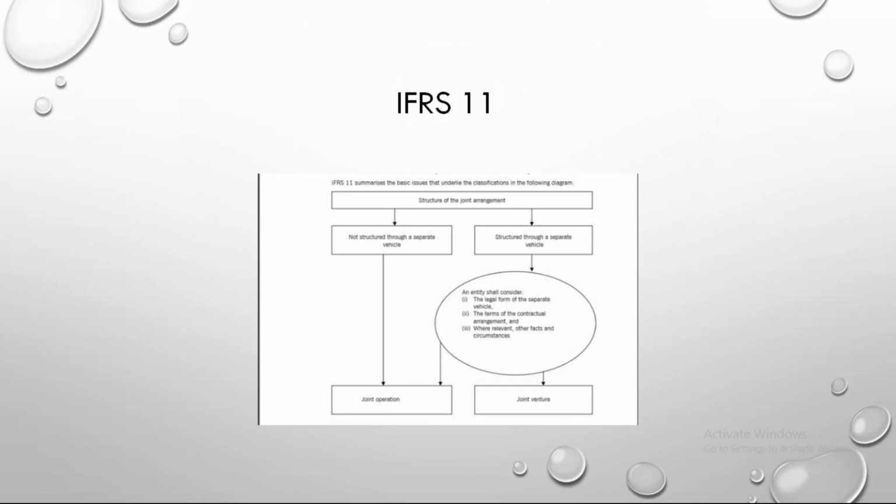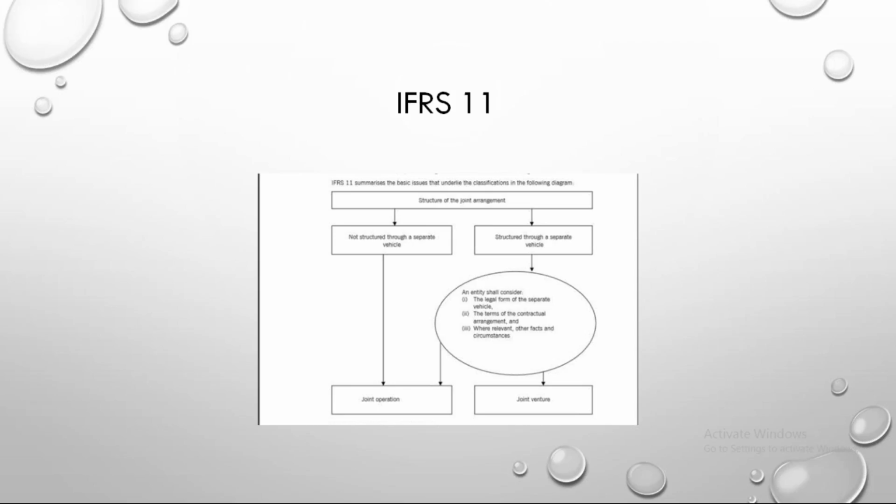So the structure of the joint arrangement: when it is not structured to a separate vehicle, it is a joint operation. When you don't have a separate business, then it is a joint operation. You and I get together where we don't form a separate entity, we can't find a separate profit or loss, then it's a joint operation.